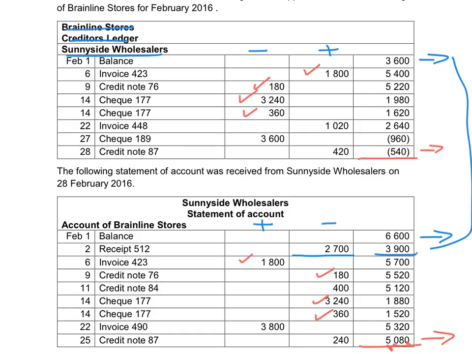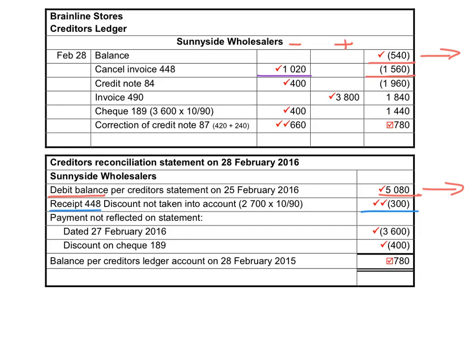If we show that discount now in the creditor's reconciliation statement, it means that our 3,600 opening balance and their balance will be the same after we recorded the 300 Rand. We will show that they must reduce our account with the 300 Rand for the receipt that we paid, and they didn't take the discount into account.